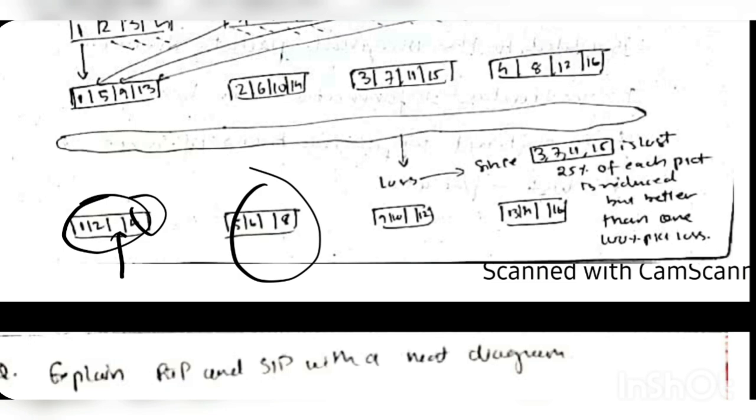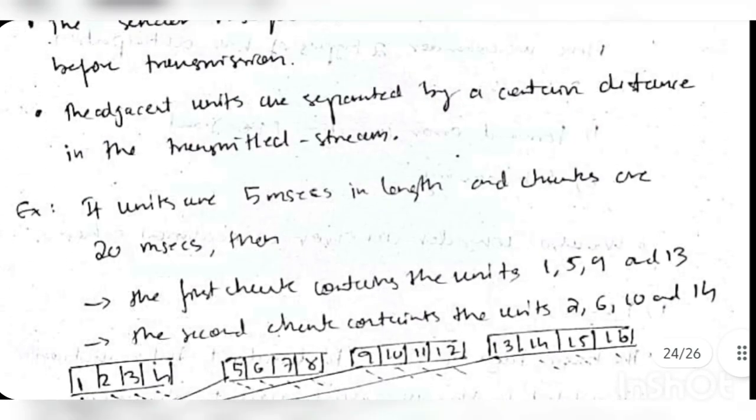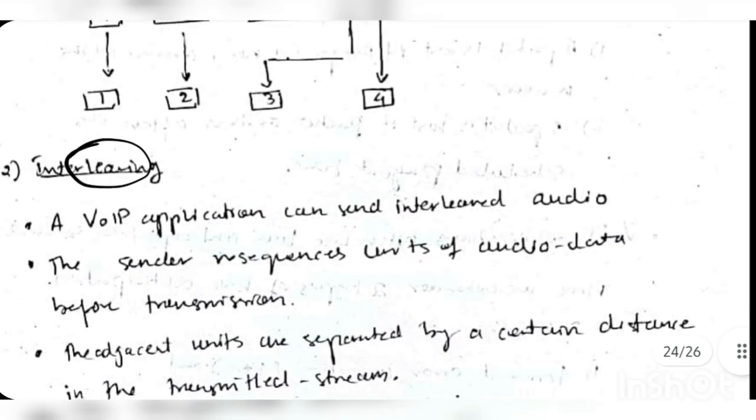A bit of quality will be reduced, but we can know the overall picture of what is happening in the chunk. So instead of getting high quality and losing one totally, it's better that we get all packets at lower quality. That's what interleaving means, and this is about the two loss anticipation schemes.